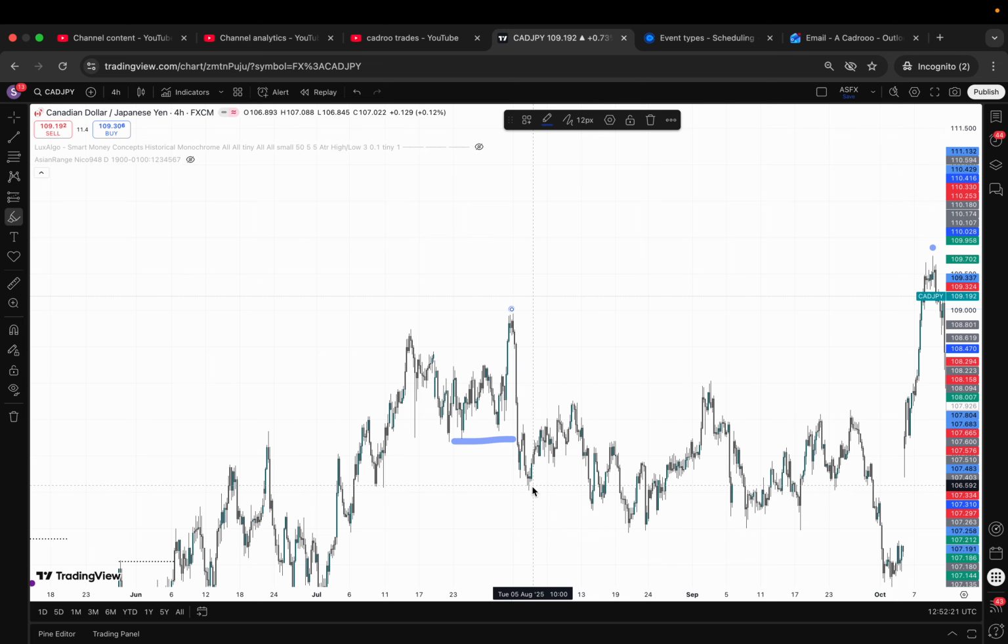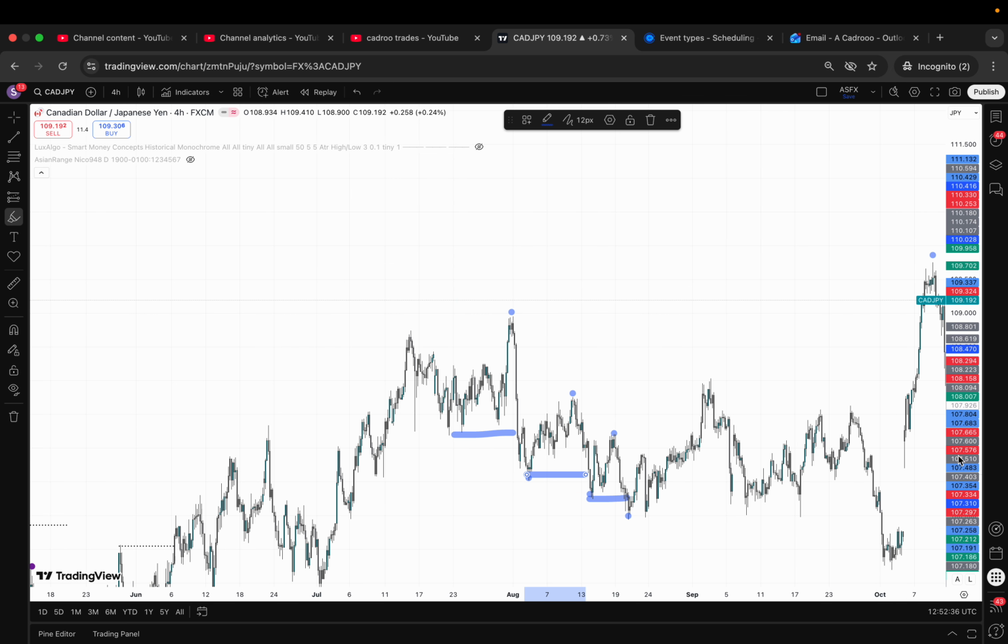This is a lower high, this is a lower low. This is a lower high, this is a lower low, because price broke below this previous low. This is a lower high, this is a lower low. Why? Because price broke below this previous low. This is a lower high, this is a lower low. Why? Because price broke below this previous low. It's as simple as that, guys.